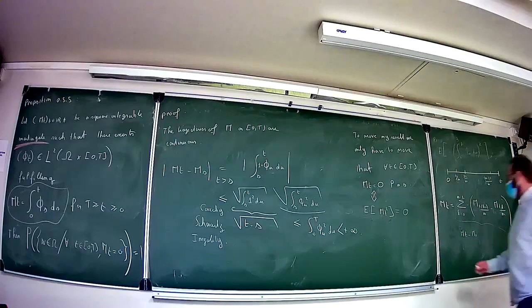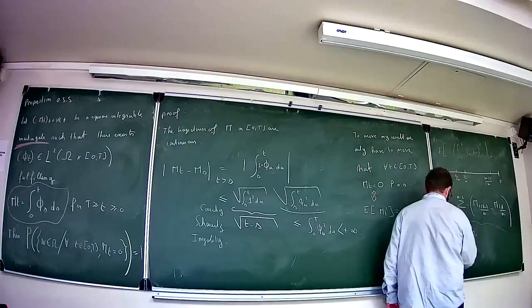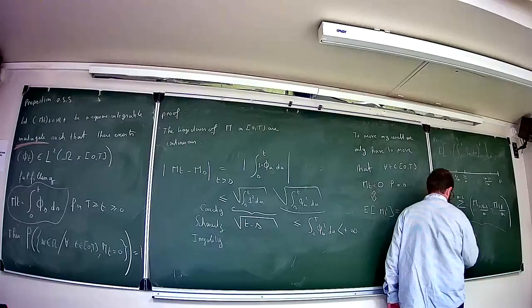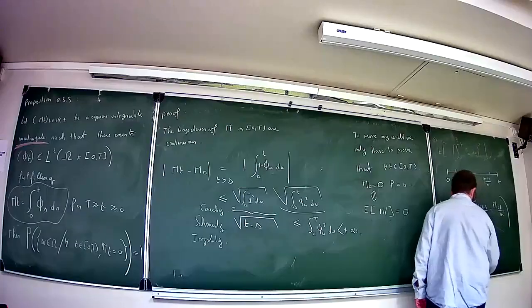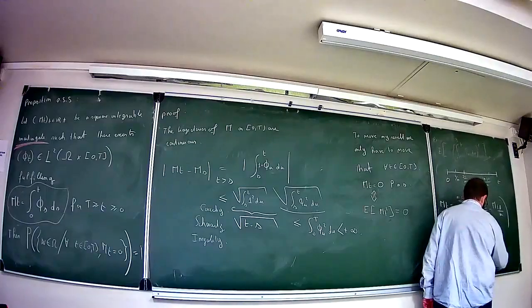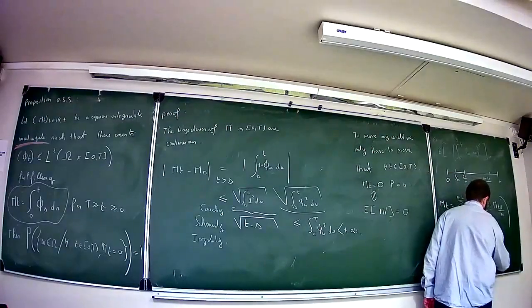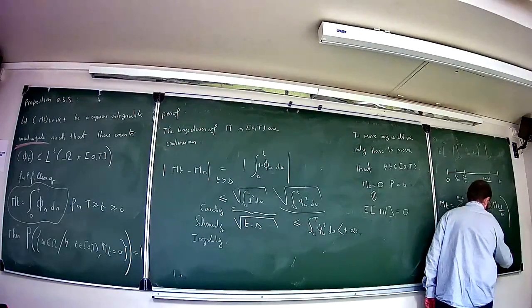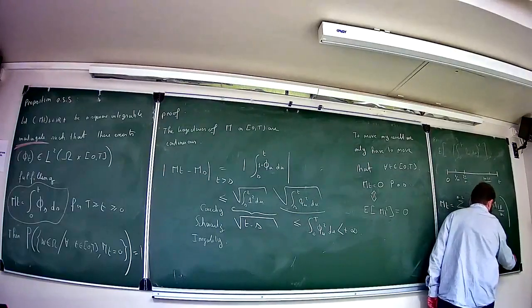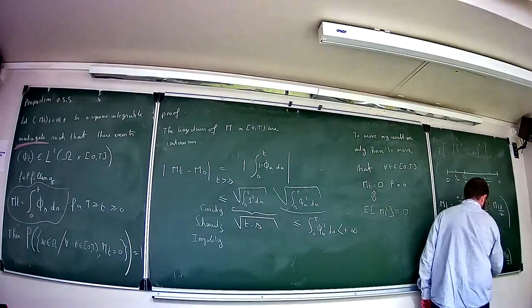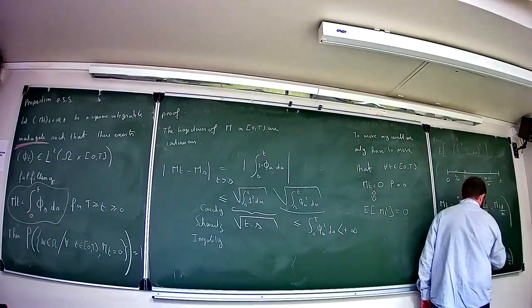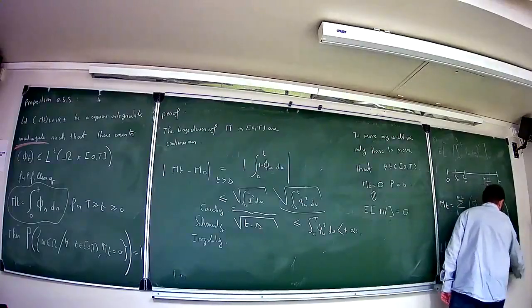And now, if I am interested in the expectation of mt square, it is just the expectation of the square of the sum. The sum that is squared.